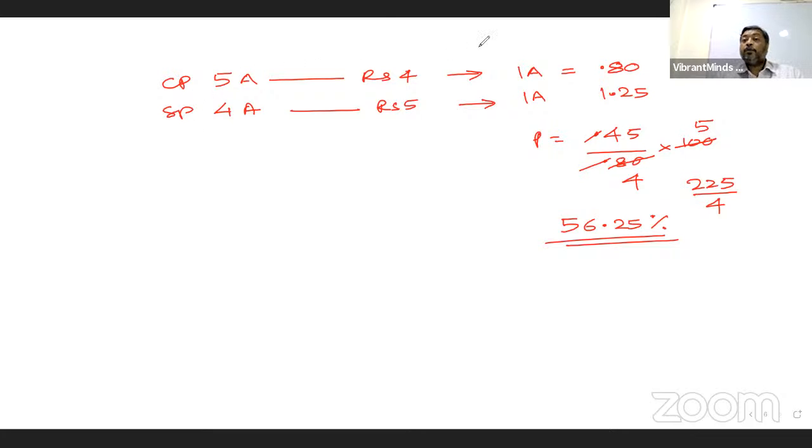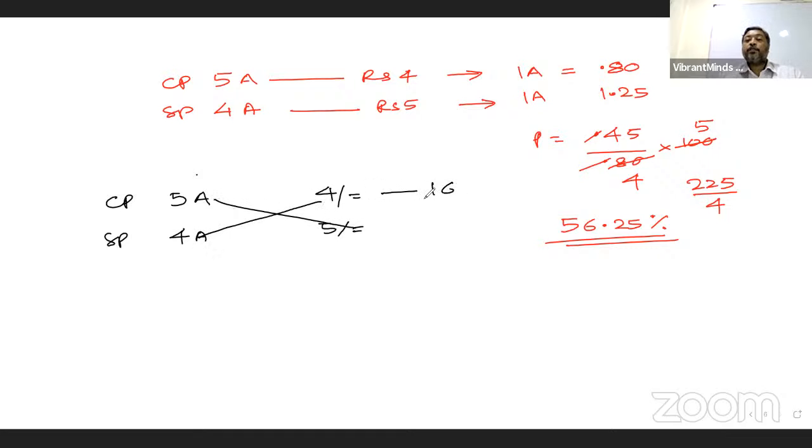One more method you can use is, so cost price is 5 apples for 4 rupees. This is your cost price. Selling price for 4 apples is 5 rupees. You cross multiply.